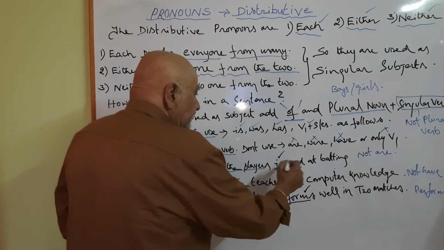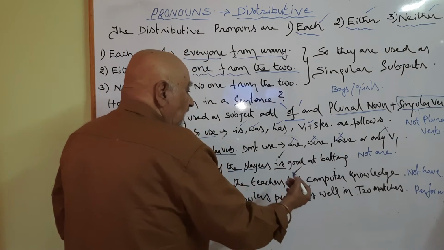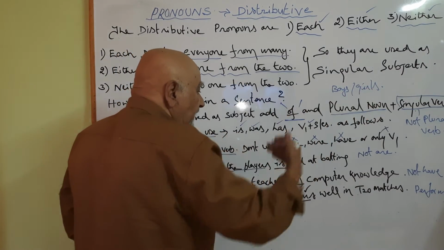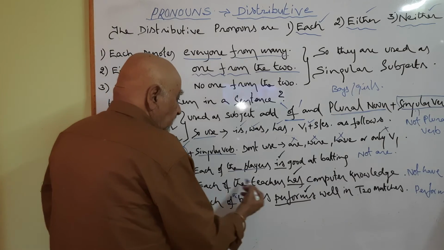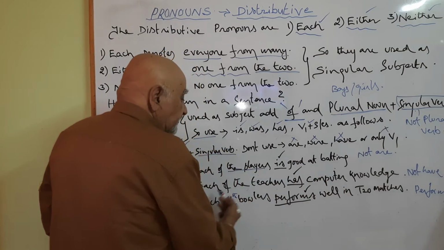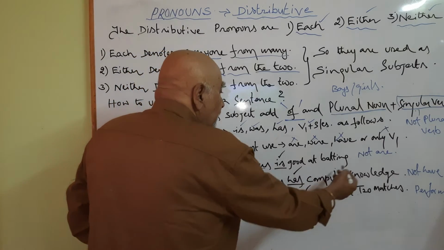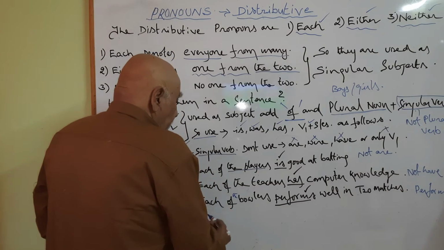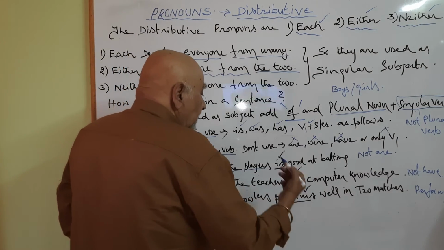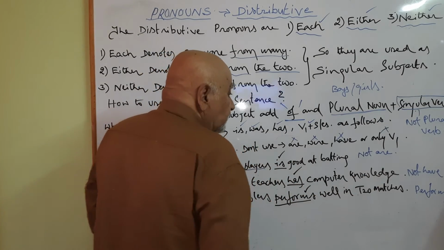Each of the players is good at batting. That means all the players, but each refers to one from all. Each of the teachers means one from all the teachers has computer knowledge. Each of the bowlers, that is one from the bowlers, performs, not perform, well in T20 matches.